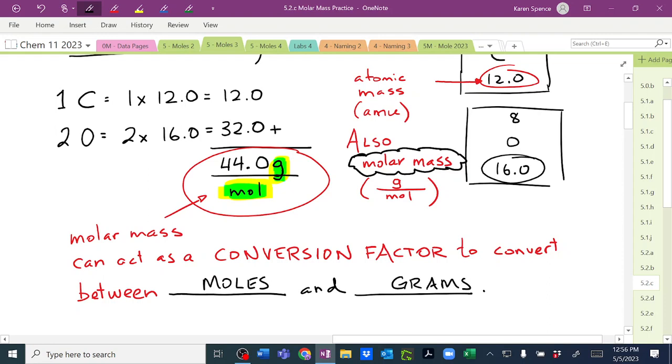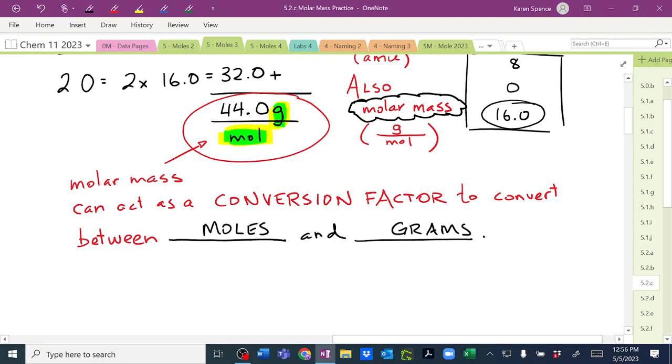So you know how earlier this week I was asking you for 2 conversion factors related to the mole? Now you know 3 conversion factors related to the mole. So let's summarize 3 conversion factors related to the mole.